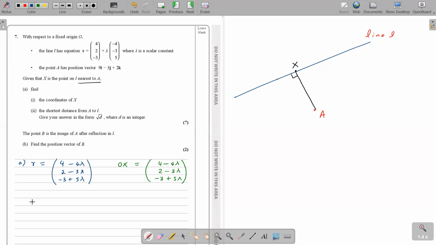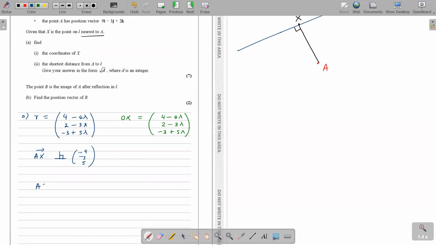AX is X minus A. AX is perpendicular to the line, so what vector do we consider in the line? The direction vector. So AX is perpendicular to the direction vector (-4, -3, 5). If you take the dot product of the AX vector with (-4, -3, 5), the answer must be 0, because the dot product of two perpendicular vectors is 0.